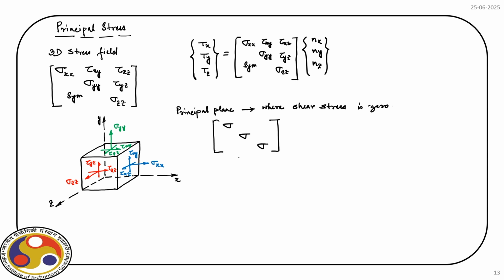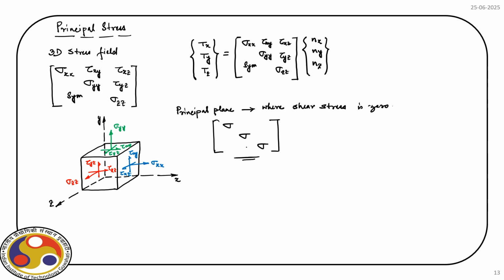So, if we start from this 3D stress field where we have 3 components along 3 orthogonal directions, we do not know their magnitude, that we will find out.